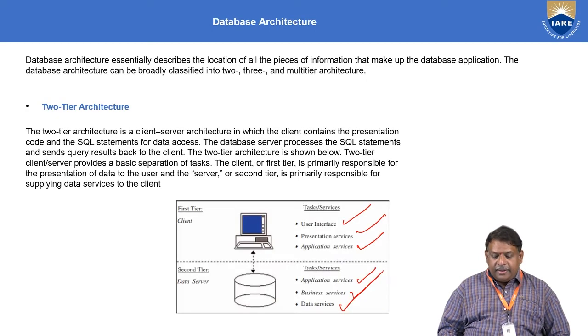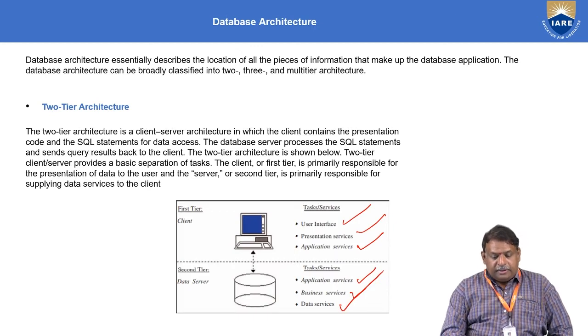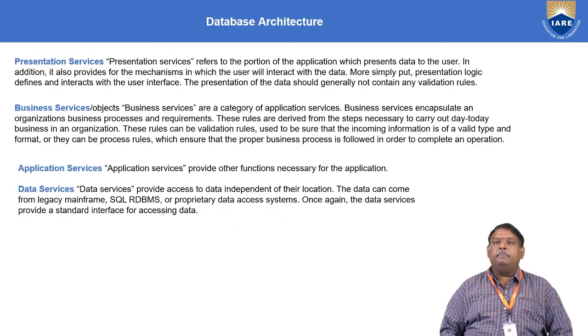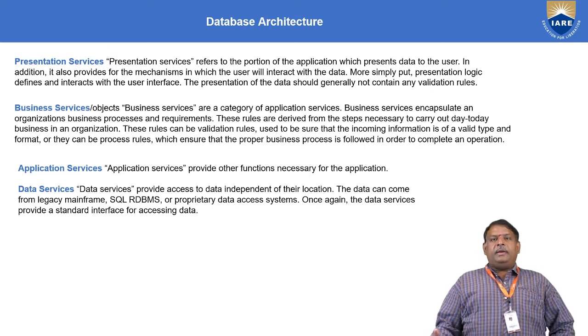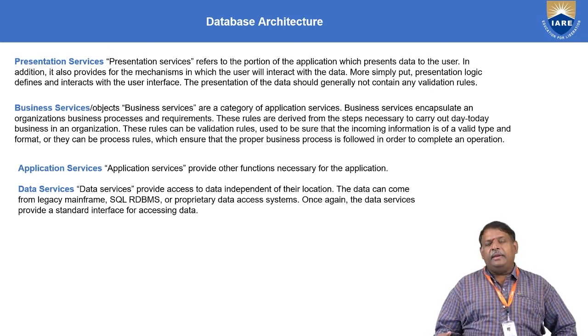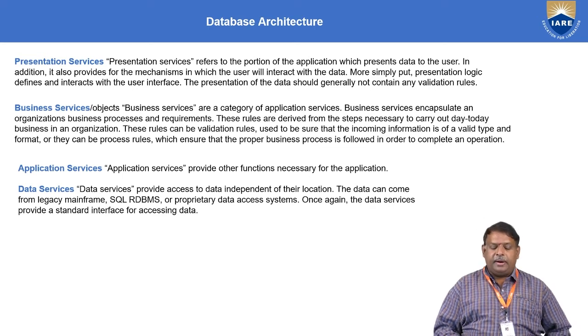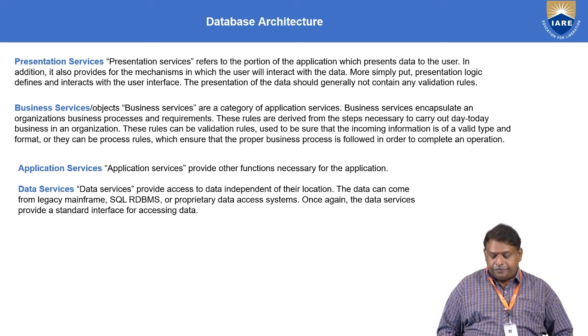Earlier we had the user interface, the presentation interface, application services, and the data services. In the data services, the data can be independent of the location, and it can come from any database such as legacy, SQL, or any proprietary data access systems. This is the 2-tier architecture.